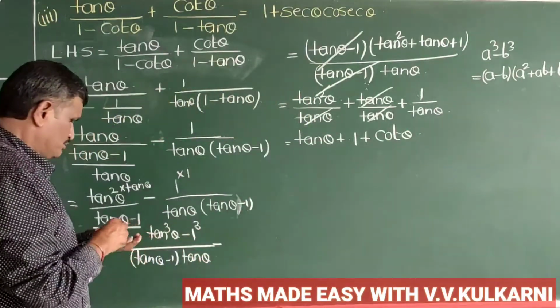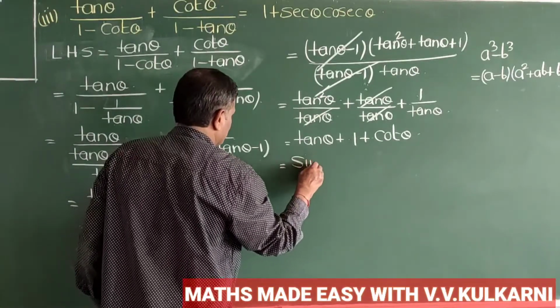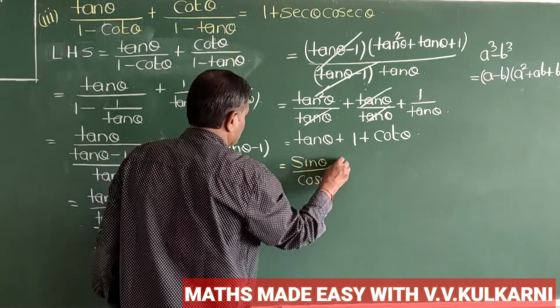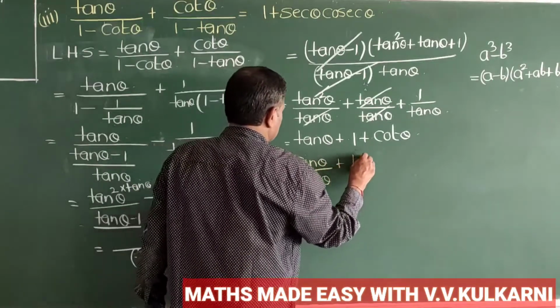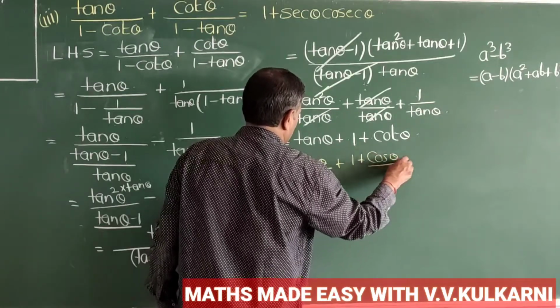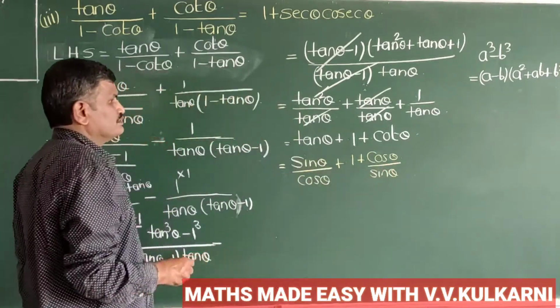Again children, simplify it further. Tan theta can be written as sin theta by cos theta plus 1, and cot theta can be written as cos theta by sin theta.